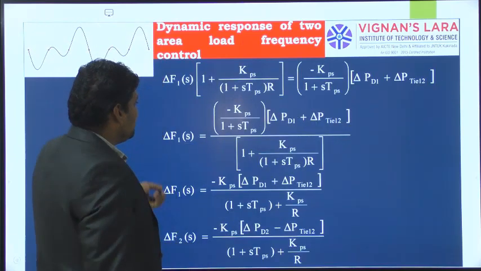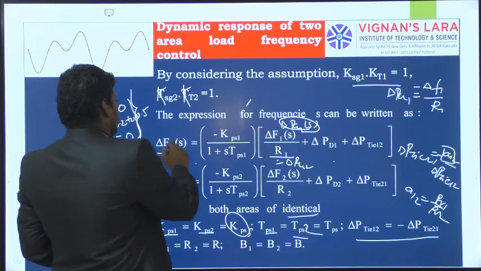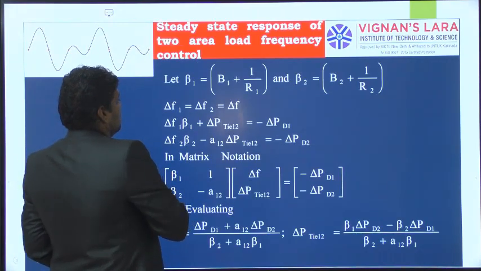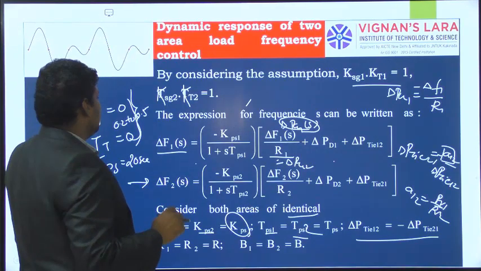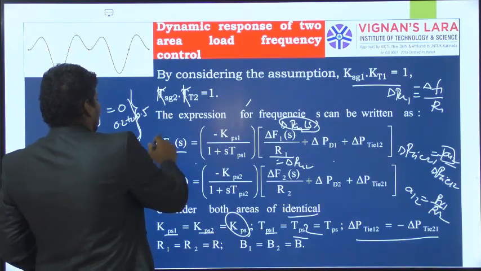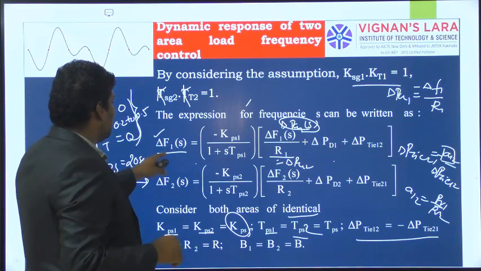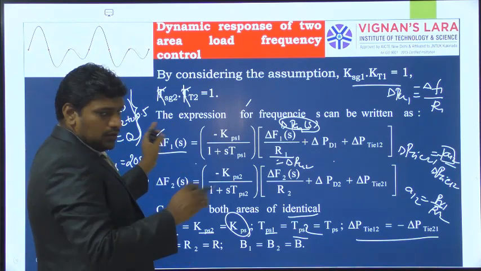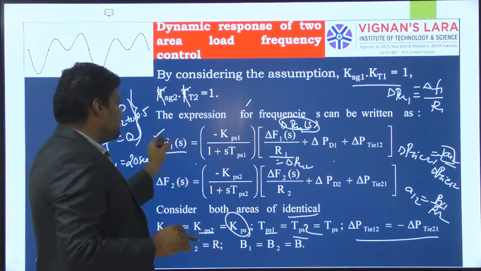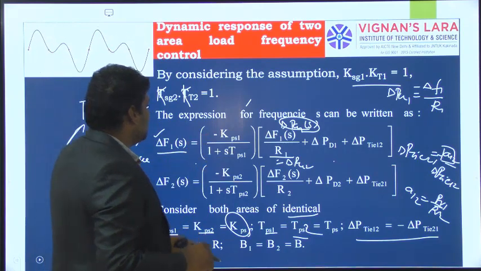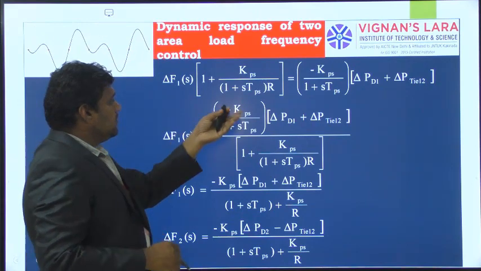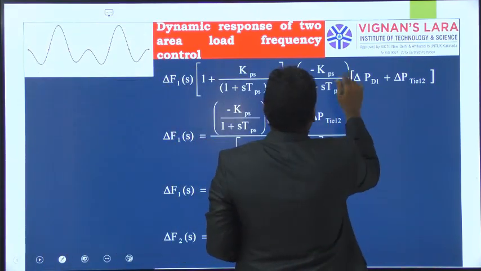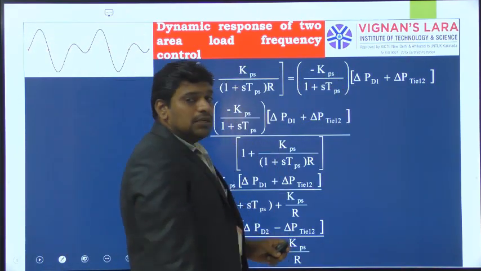With this assumption, if you readjust this expression, taking delta F1 of S common, delta F1 of S times 1 plus KPS1 by 1 plus S TPS1 into R1 equals the remaining terms on that side: delta PD1 plus delta P tie 1-2 into minus KPS by 1 plus S TPS.